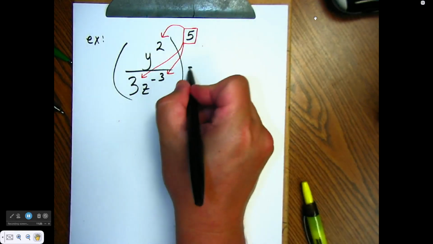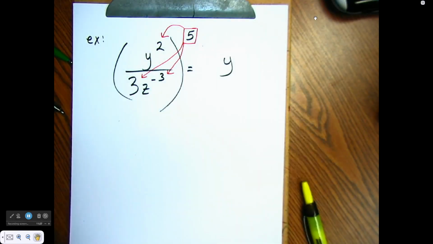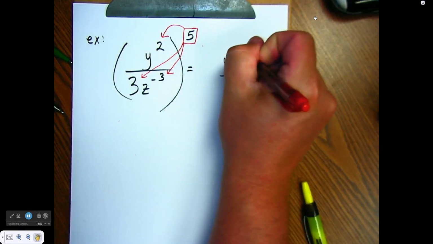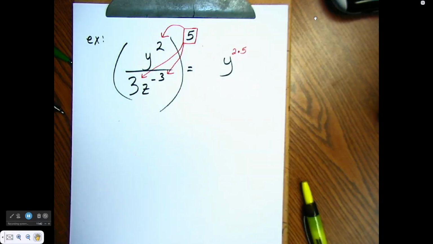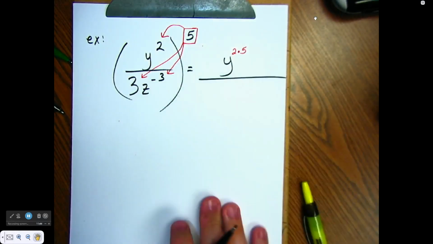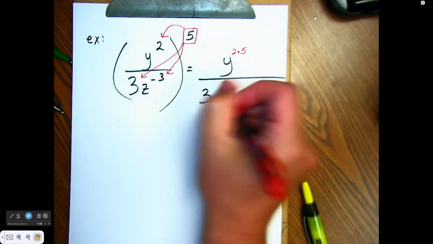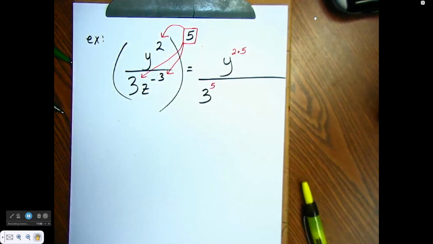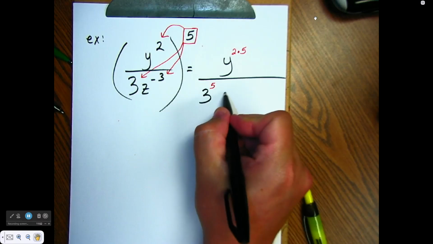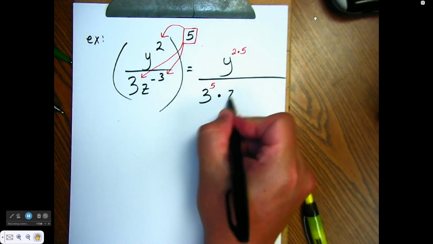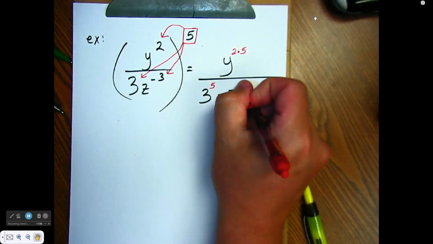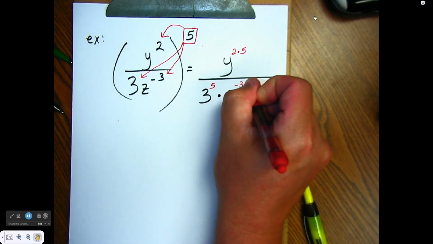Showing my work. Y to the 2 times 5 over 3 to the 1 times 5, which is just 3 to the 5th, times z to the negative 3 times 5.